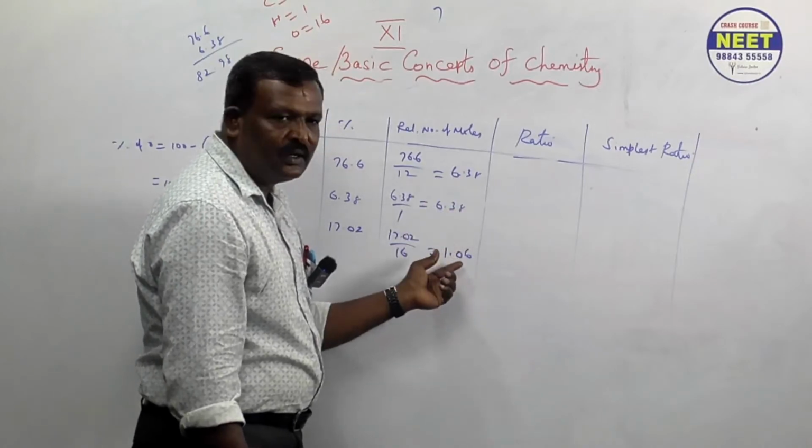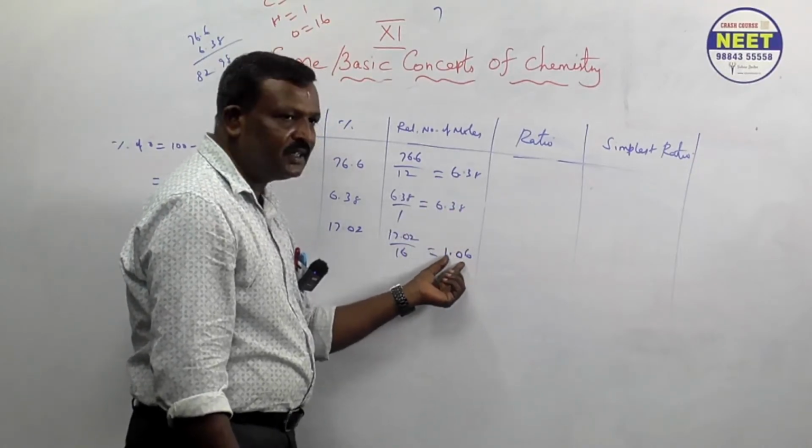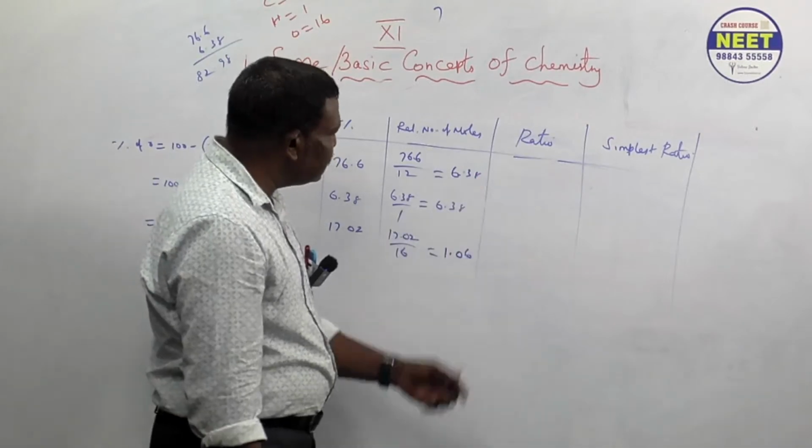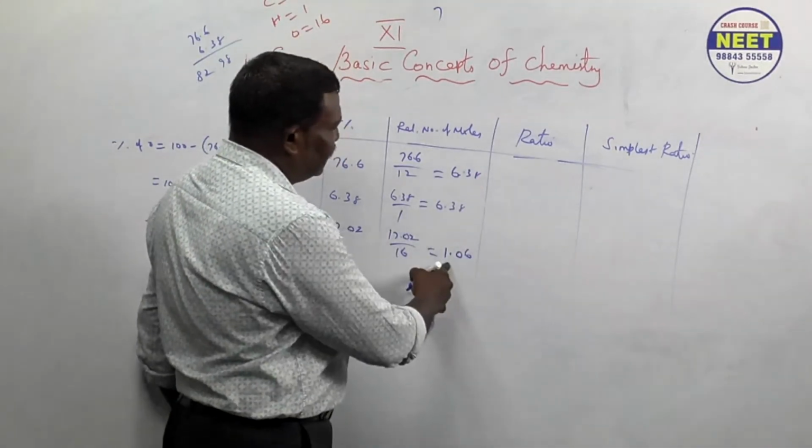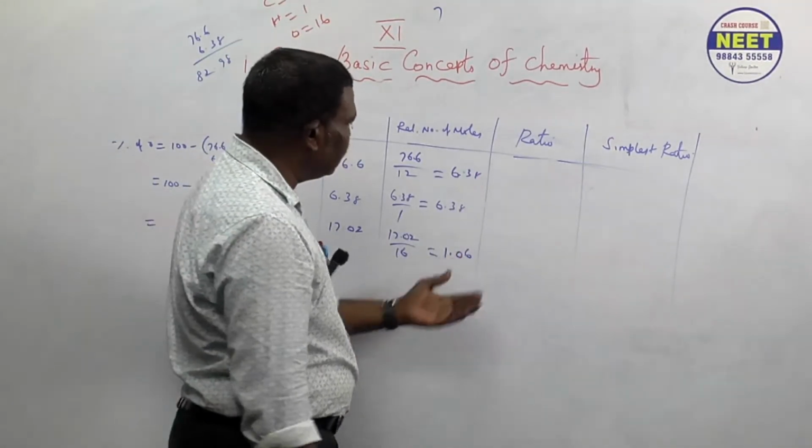Then when you come to this column, which one is the least number? This is the least number, no? Divided by its least number. So you consider this as 1.